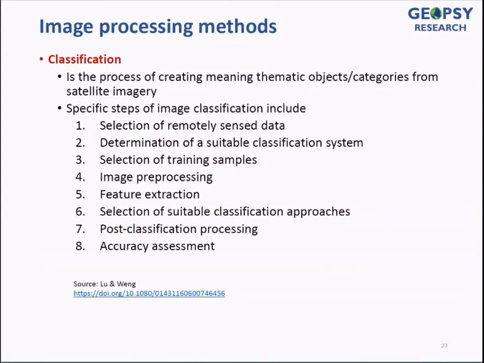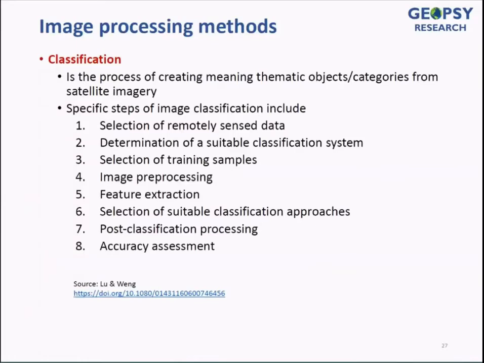Because of the spatial and spectral resolution of images, this is a very critical step, because if you choose images that are of low resolution, then you cannot select classes at high resolution. Then you determine a suitable classification system. So for example, are you going to use a method that has been developed by FAO? Are you going to use a hierarchical method?